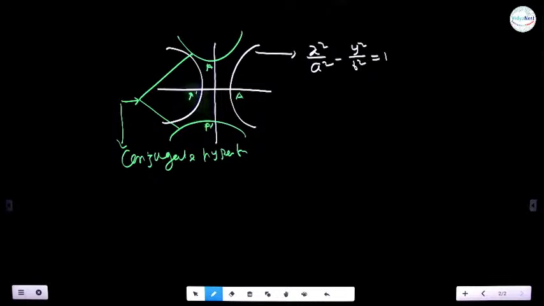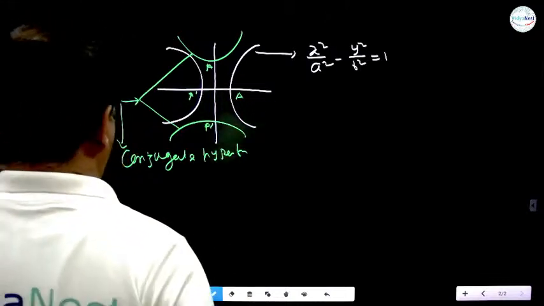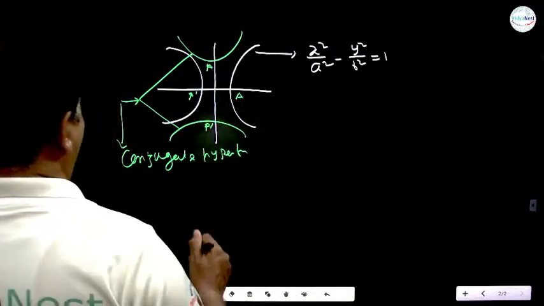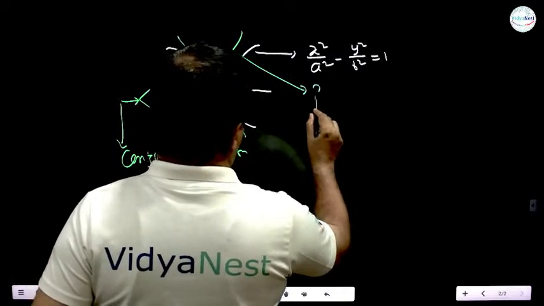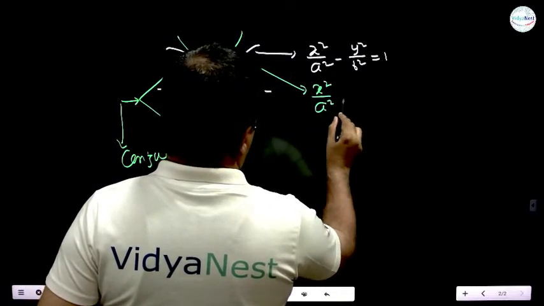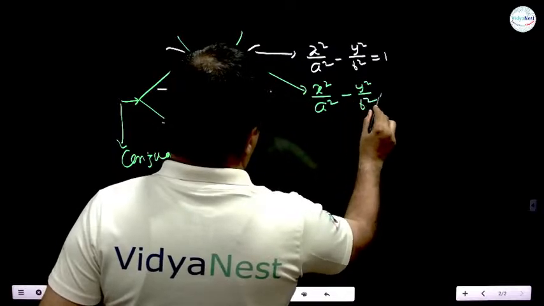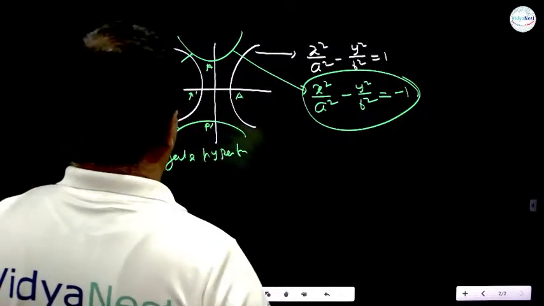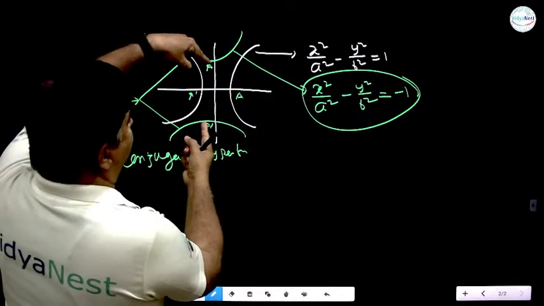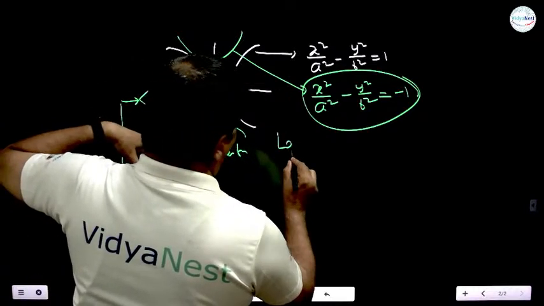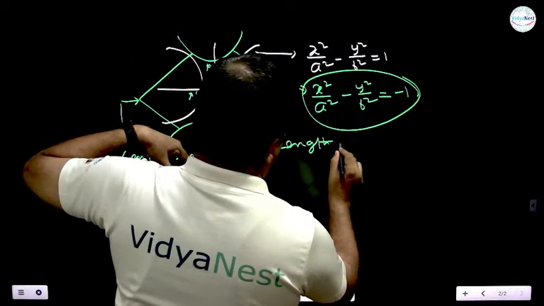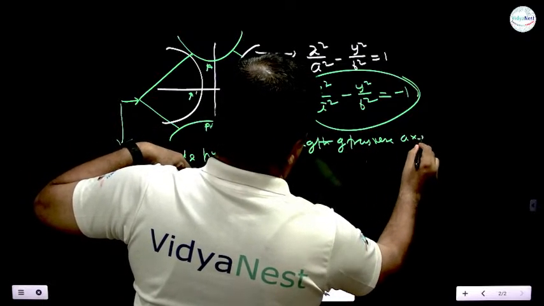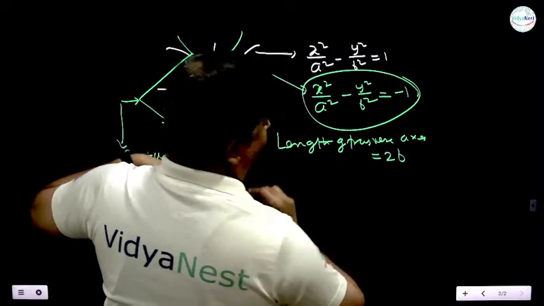In this case, its equation will be x square by a square minus y square by b square equal to minus 1. Here the length of the transverse axis is not 2a but 2b.